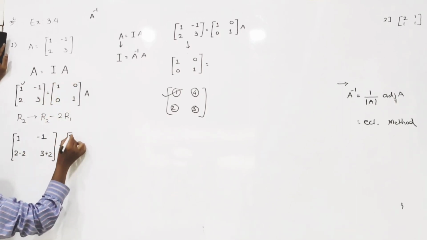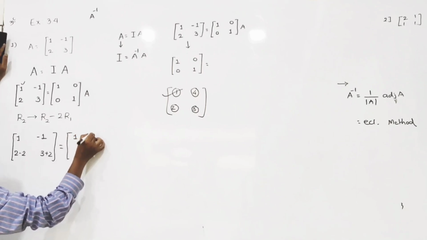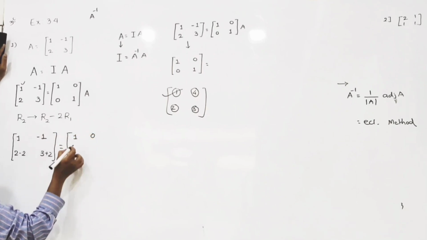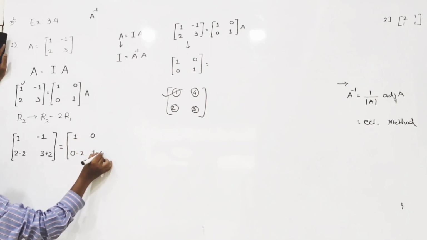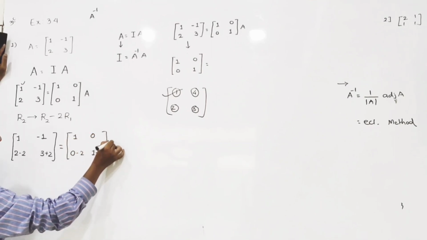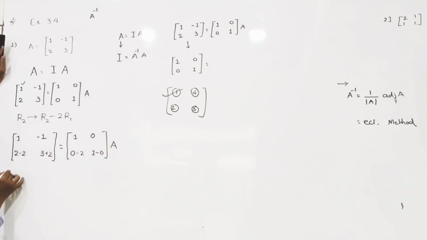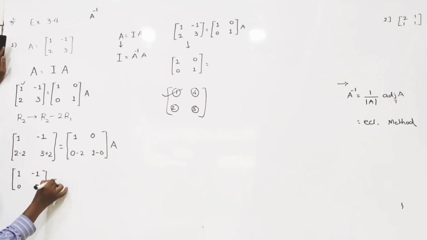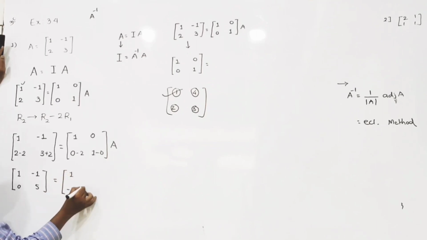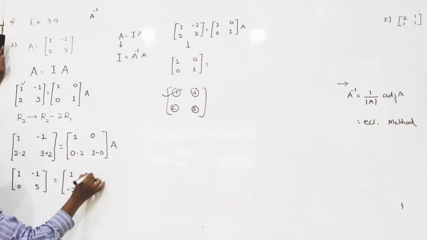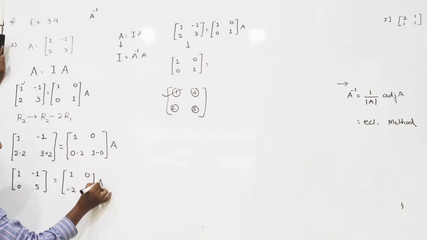So it will be [1, 0; -2, 1] into A. Now simplifying, [1, 2; 0, 5] is equal to [1, 0; -2, 1] into A.